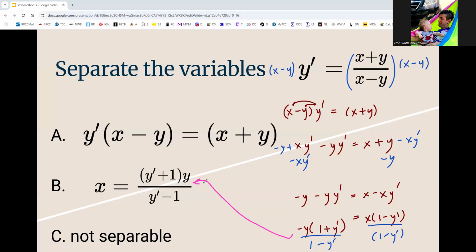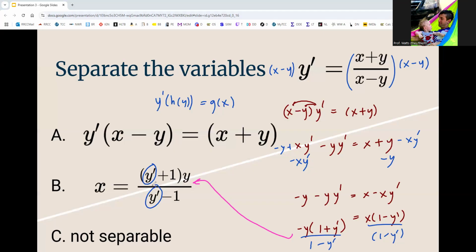However, you have y and its derivative on one side and you have x on the other side. But again, remember our formula was y prime times h of y equals g of x. Having y prime appear multiple times, in a way where you can't put it in that format, this is more of y times h of y prime than y prime times h of y.